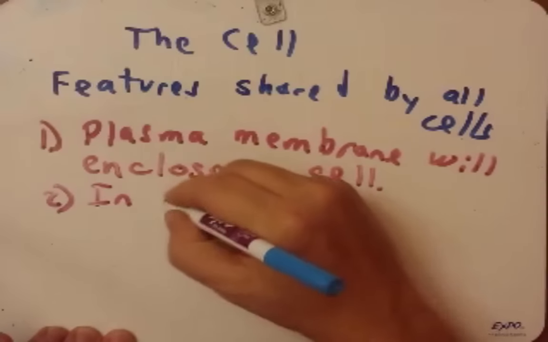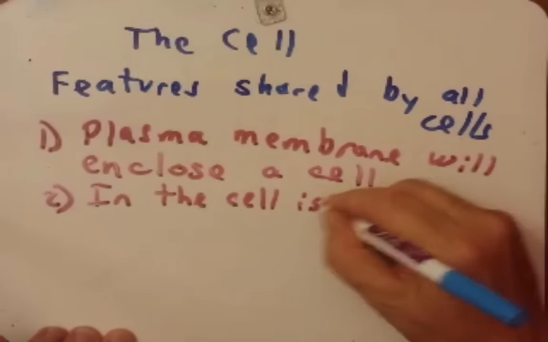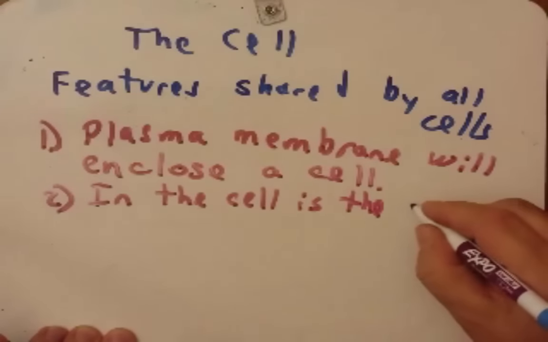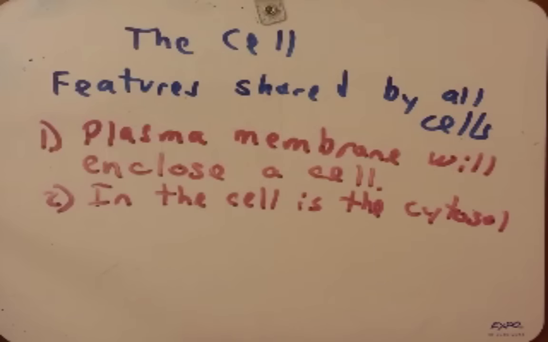In the cell is the cytosol. This is a semi-fluid liquid that fills the inside of the cell. Everything else inside of the cell kind of floats in this cytosol.